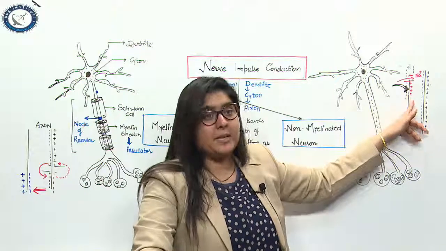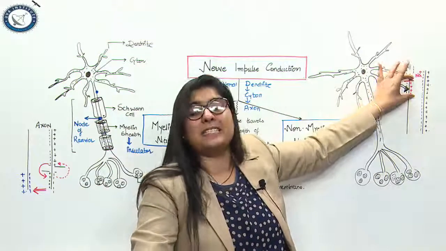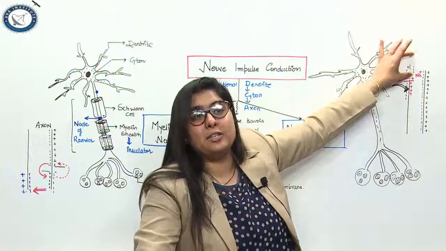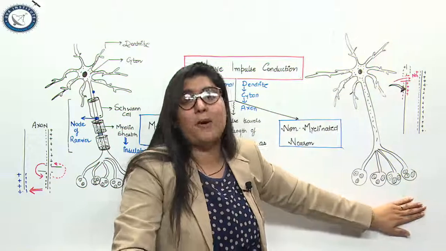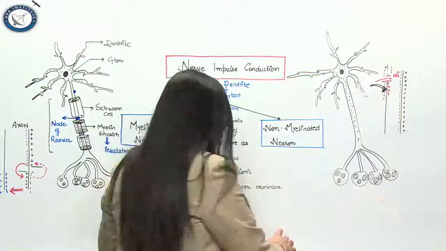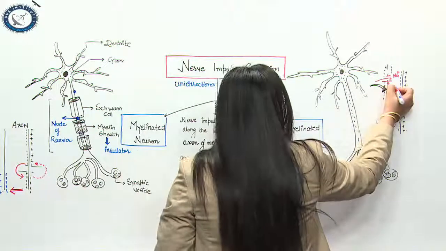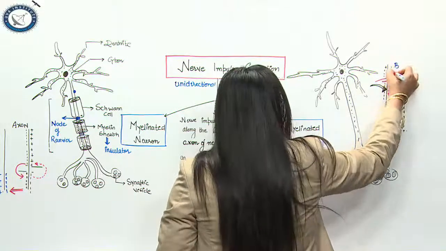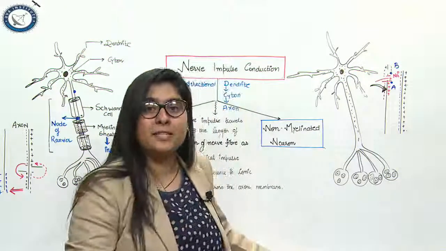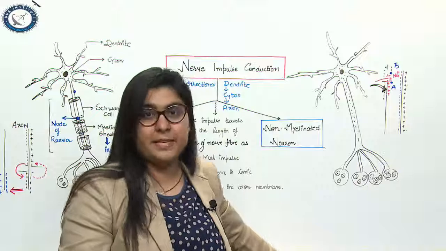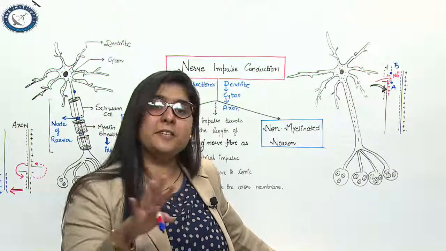If I compare the ionic potential of this area to the ionic potential of this area, I would consider that now there are 2 points, point A and point B, with a different potential. If this is point A and this is point B, point A has a positive potential, point B has a negative potential, and there is a difference in the potential.